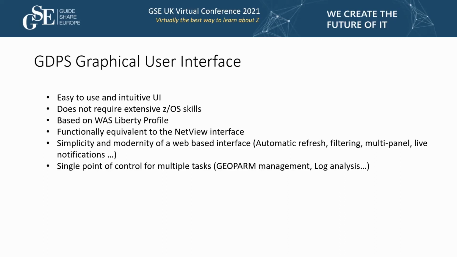The GUI is a web-based application that is served through Liberty, running on z/OS, and the GDPS GUI is functionally equivalent to the NetView 3270 interface. So you have all the same functions, but you have all the advantages of a modern web interface.